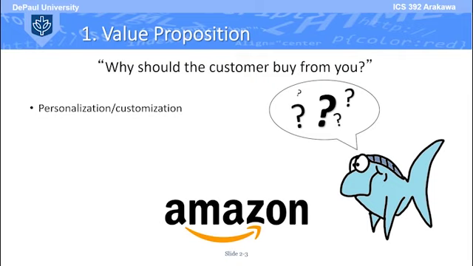Now when you think of customization, don't think so much about when I'm on Amazon, I can customize my search by clicking on different options. Think of customization as getting exactly what you want. Let's say when you're purchasing a personal computer, controlling the amount of RAM, the size of the monitor, the amount of hard disk storage, right?